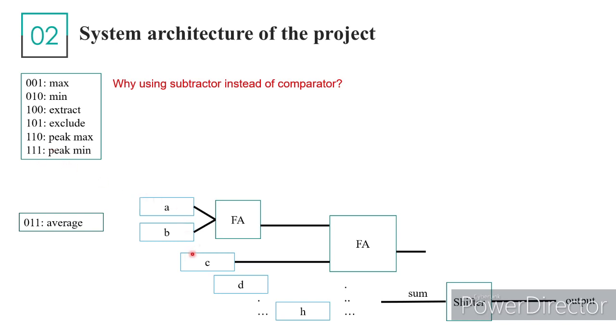It's because we need an adder in the average circuit. In order to reuse such a structure, we decide to turn the adder into a subtractor, like what we have done in homework 1. So it's for circuit reuse.